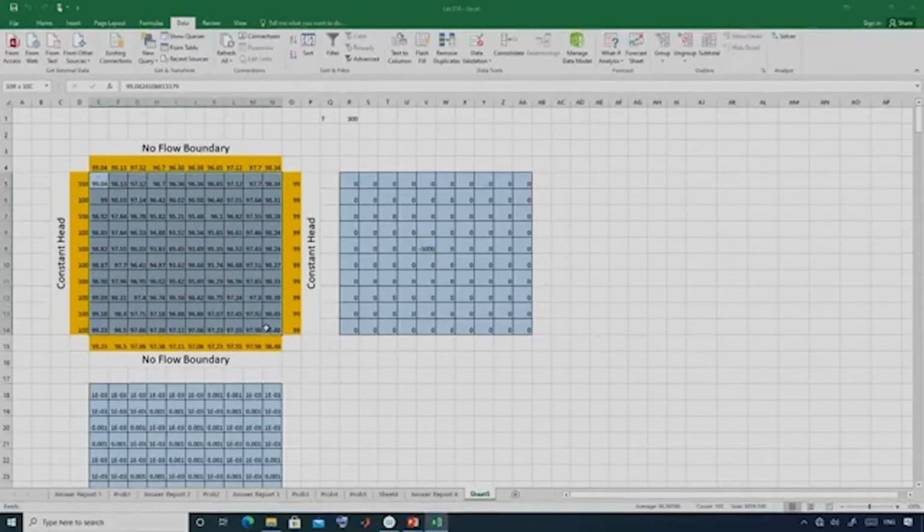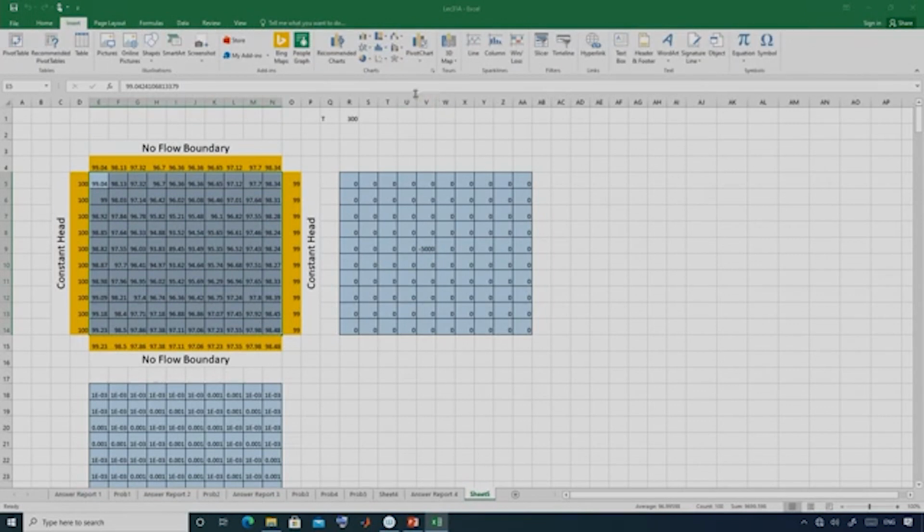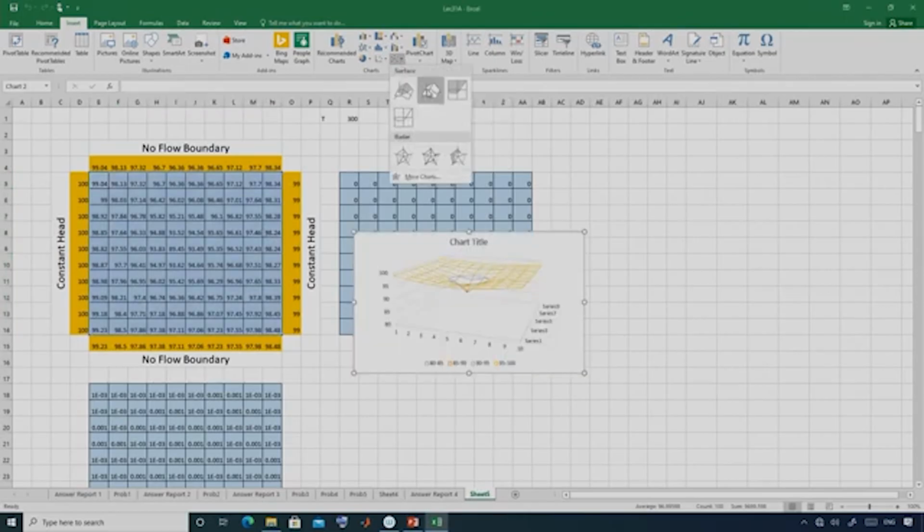So, let me plot it. I can plot this surface. Let me go to this one, and here I can plot it. Okay, this is the plot you can see.